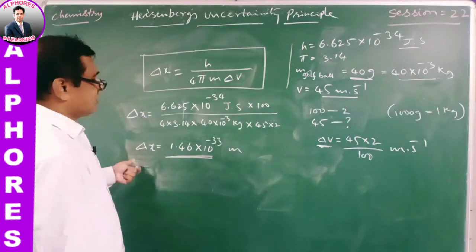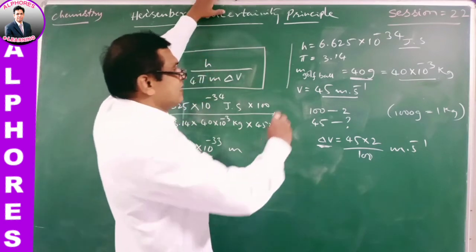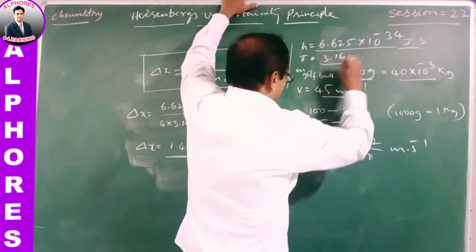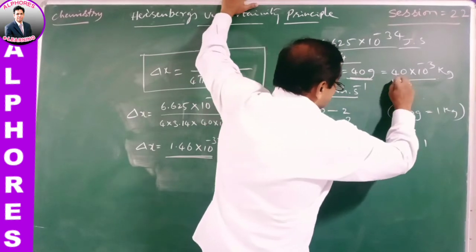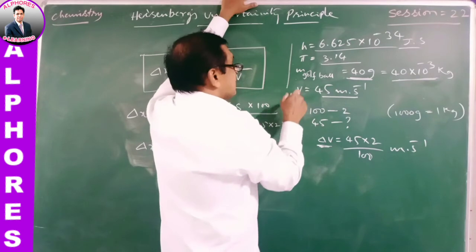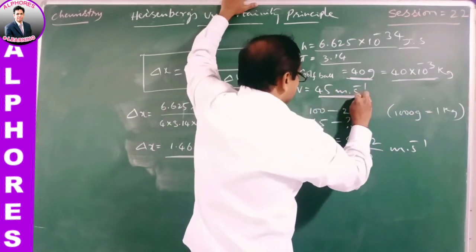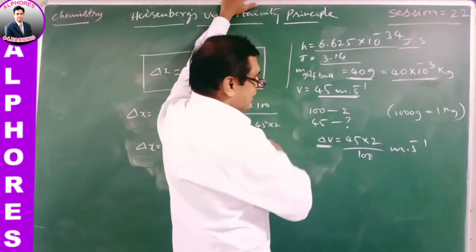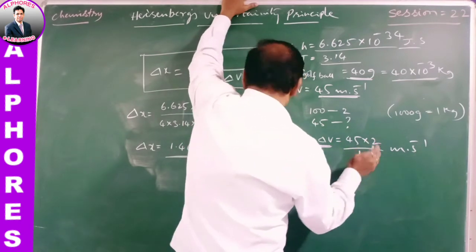So the uncertainty in the position we calculated. Is it clear? It is the Planck's constant value, and this is the pi value, and the mass of the golf ball is given as 40 grams, which in kg we have this much. Based on the velocity of the golf ball, we determine delta V, the uncertainty in velocity.